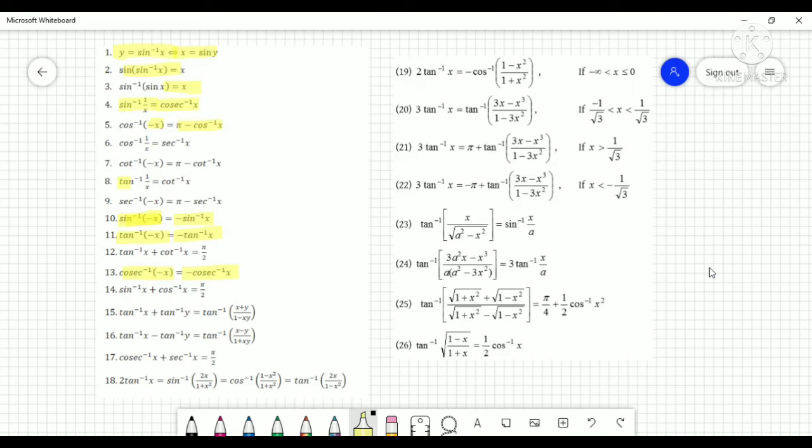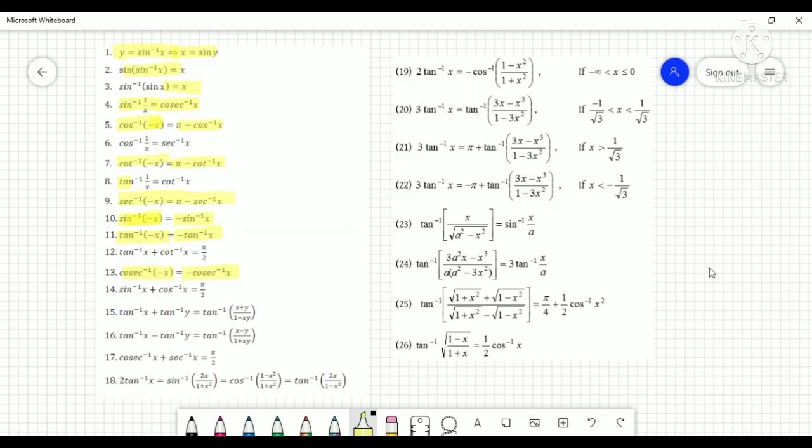Here cos inverse of minus x is equal to pi minus cos inverse x, and cos inverse of 1/x is equal to secant inverse x. Then cot inverse of minus x is equal to pi minus cot inverse x, and secant inverse of minus x is equal to pi minus secant inverse x.